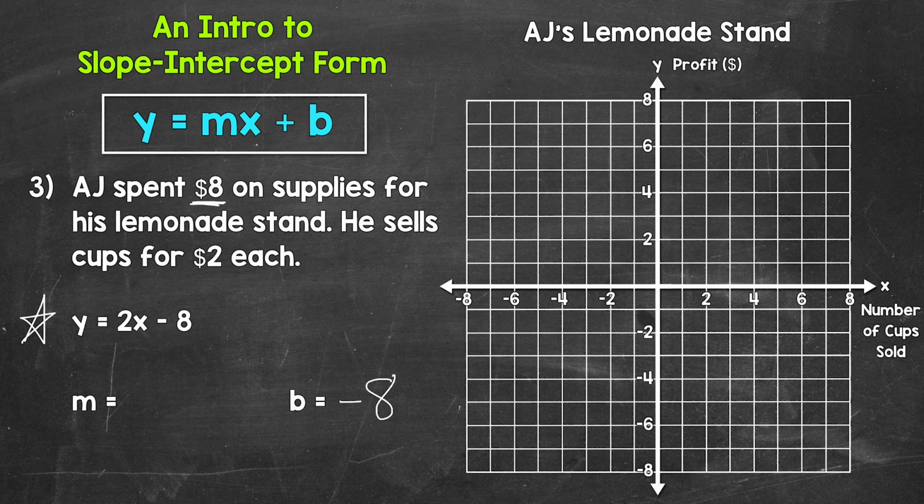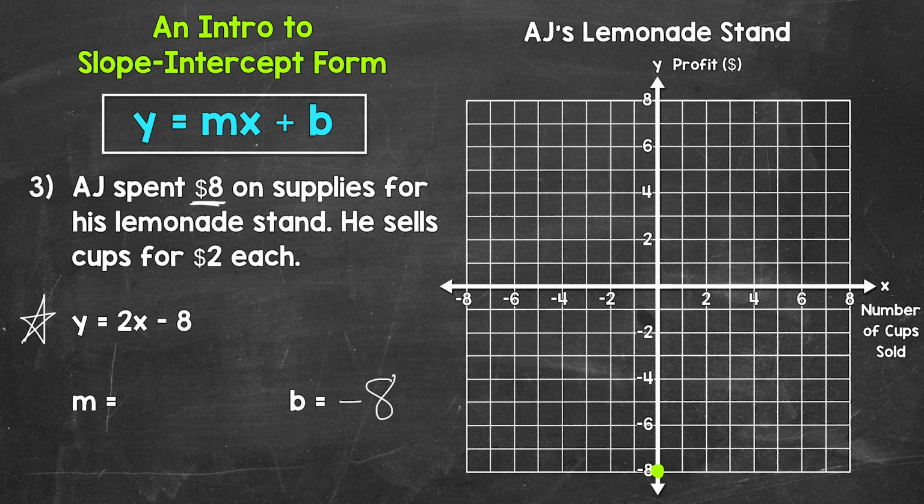So from a profit standpoint, how much money he is making from his lemonade stand, he's starting down $8. He spent that money. So the y-intercept, again, is -8. That's where he's starting. And let's actually put that on our graph. So AJ is starting right here at -$8. So our y-axis here is going to be AJ's profit.